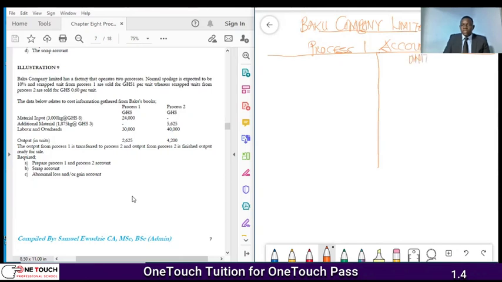So the units, the kg, the price, the amount.